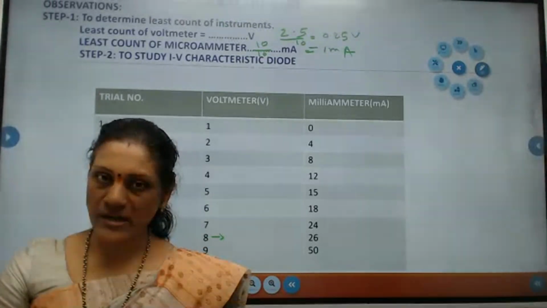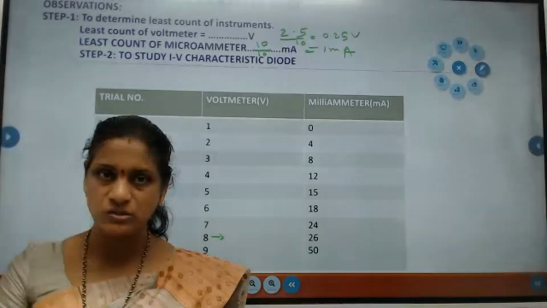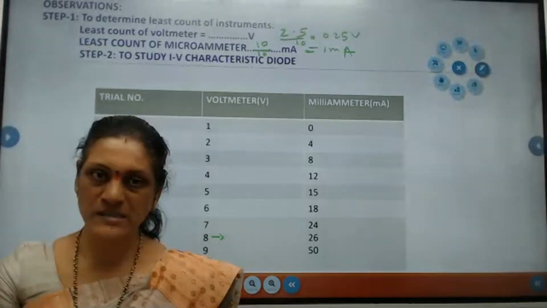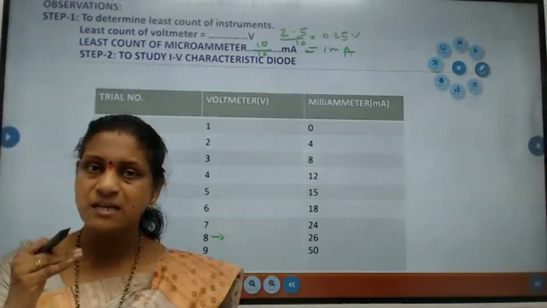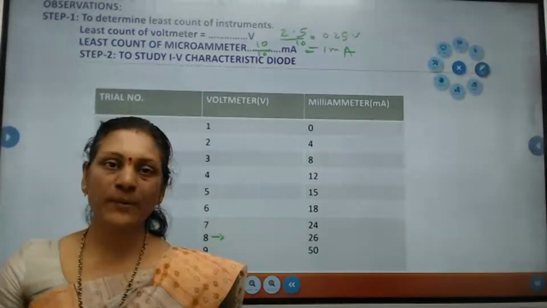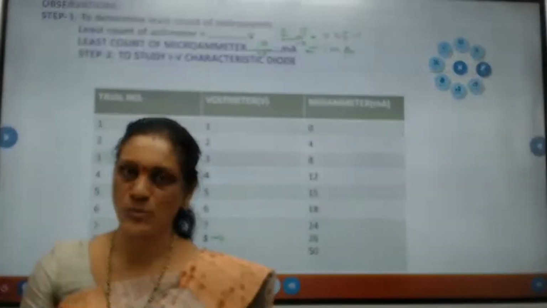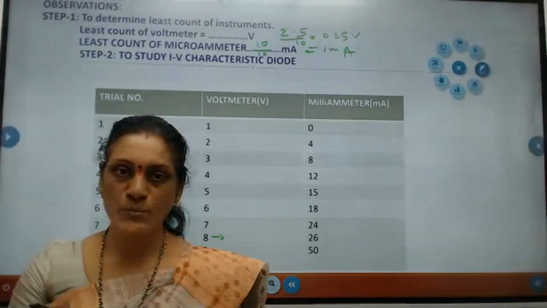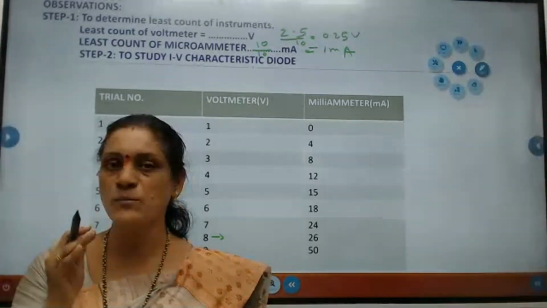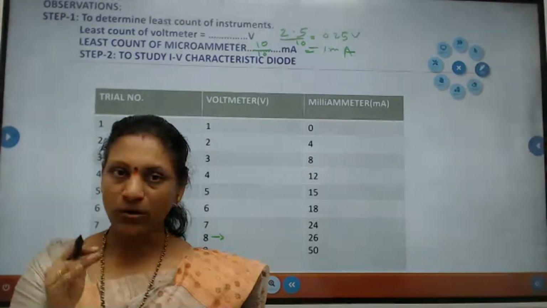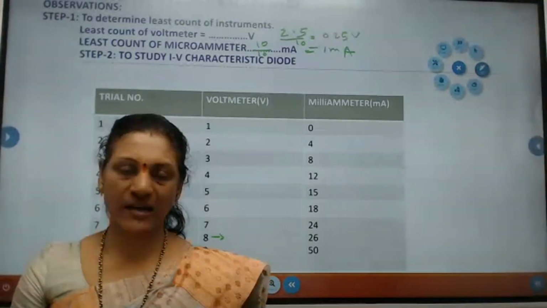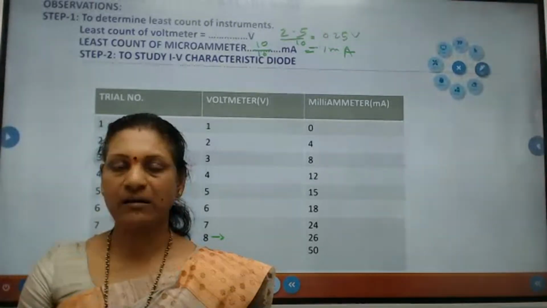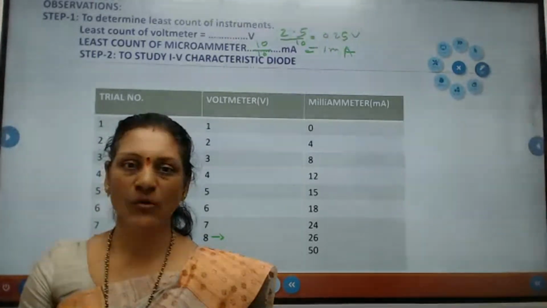That means a Zener diode is one special type of diode. At a particular voltage the covalent bonds break, and at that time a sudden increase in current takes place, because the barrier voltage is very small and the strong electric field flowing through the diode breaks the covalent bonds. The voltage at which we get this sudden increase in current is called the breakdown voltage.